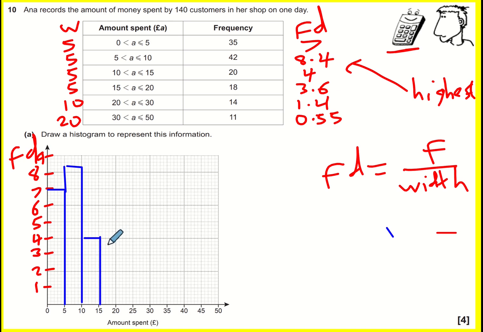Then 3.6. Then 1.4, but this time it's a width of 10. And finally 0.55, approximately 0.6. And there we have it, an example of a histogram.